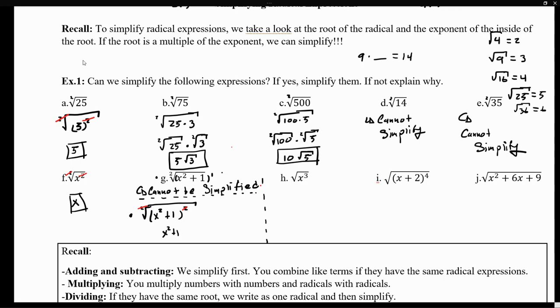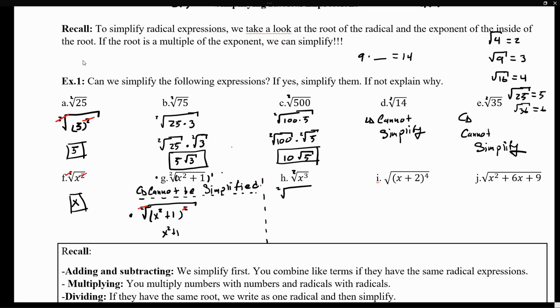If we take a look at example H, you might be tempted to say, well, the root is 2, the exponent is 3, they cannot cancel out. But notice that we can also simplify the square root of x to the third. How can we rewrite x to the third? Well, my objective is to write down multiplications that have an exponent of 2, because that way it will cancel out with the root.